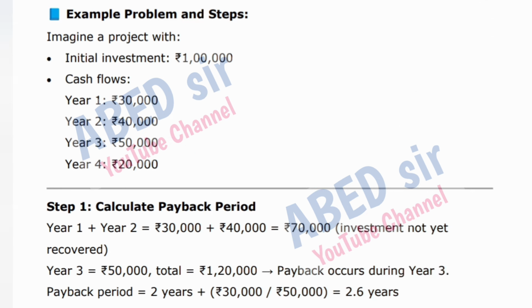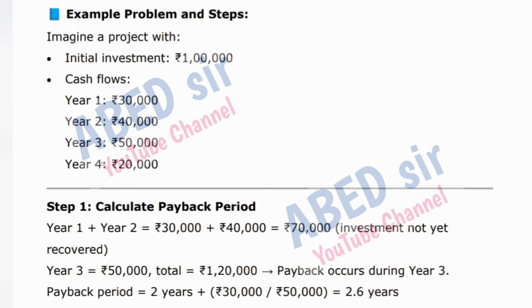Example problem and steps. Imagine a project with an initial investment of 1 lakh rupees. Cash flows: Year 1, 30,000 rupees. Year 2, 40,000 rupees. Year 3, 50,000 rupees. Year 4, 20,000 rupees. Step 1. Calculate payback period.